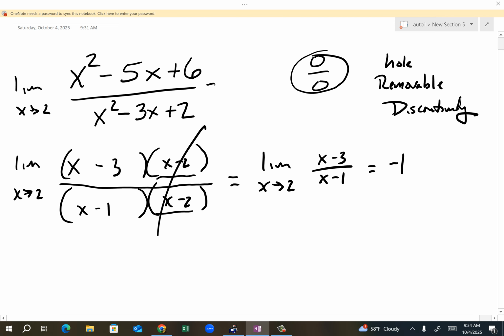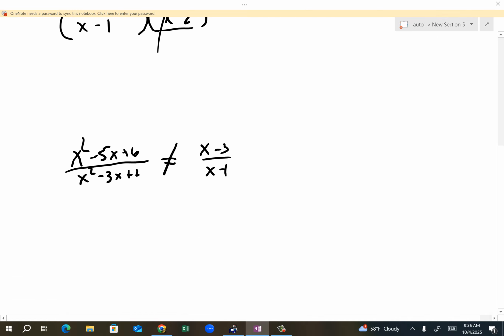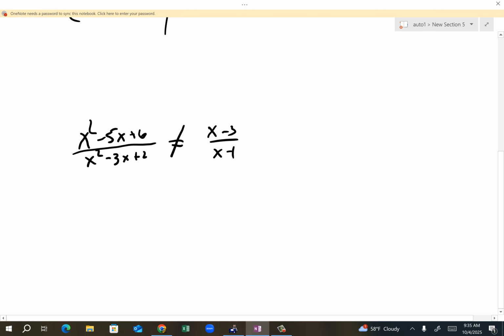Again, x squared minus 5x plus 6 over x squared minus 3x plus 2 does not equal x minus 3 over x minus 1. That is 100% not true. Now, if you wrote comma, x does not equal 2 on this one, then they would be equal.